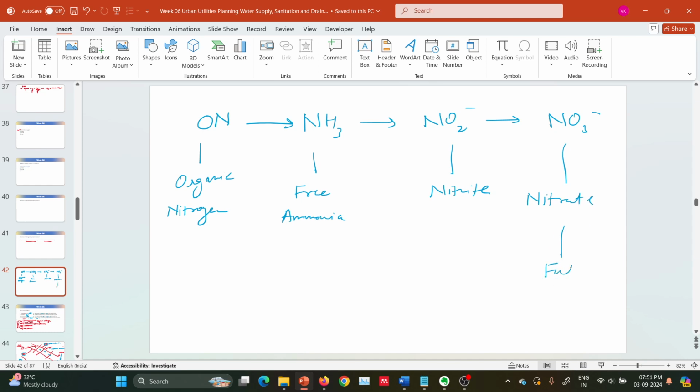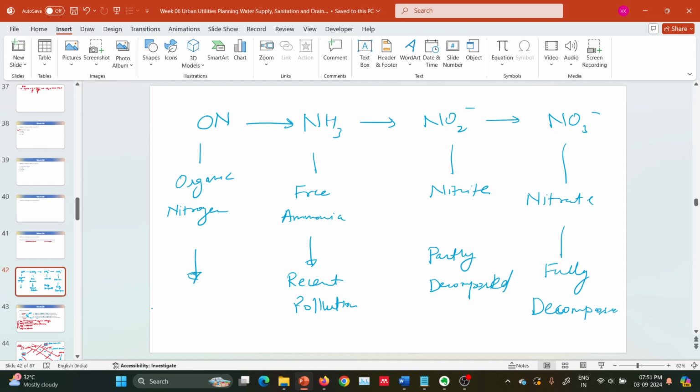Fully decomposed, partly decomposed, recent pollution, decomposition has not started.